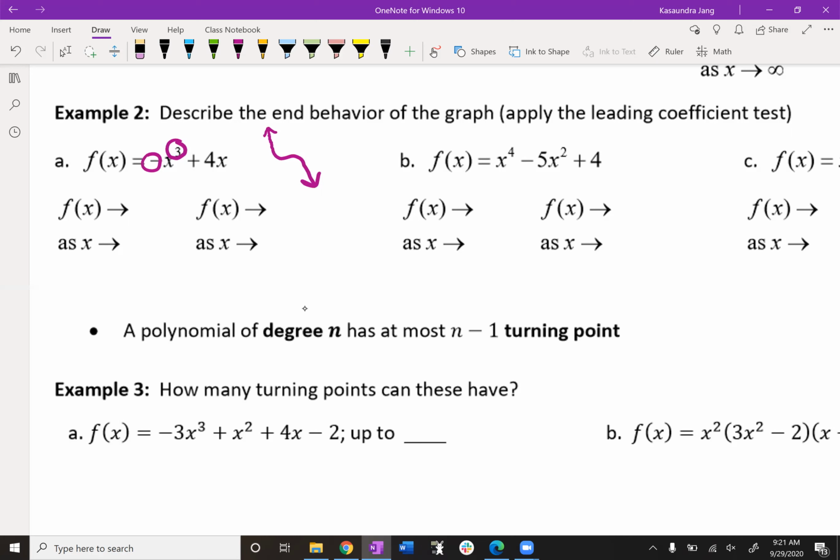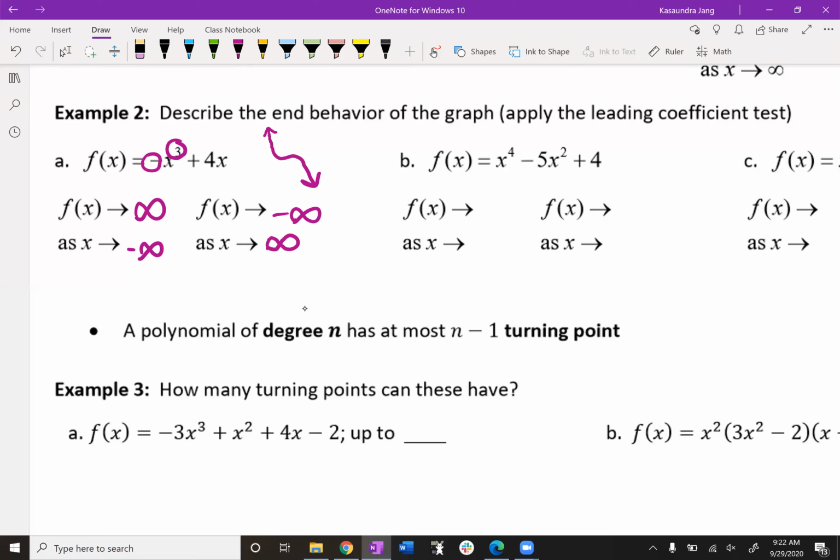So based off of this just generic, what I'm picturing in my head is this. The left side, so as x goes to negative infinity, that's the left side of my graph, and the left side looks like it's going up. So my y values, or my f of x, is going to positive infinity. And then on the other end, this is going to the right, so as my x goes to positive infinity, it's going to go down, which means my y values go to negative infinity.